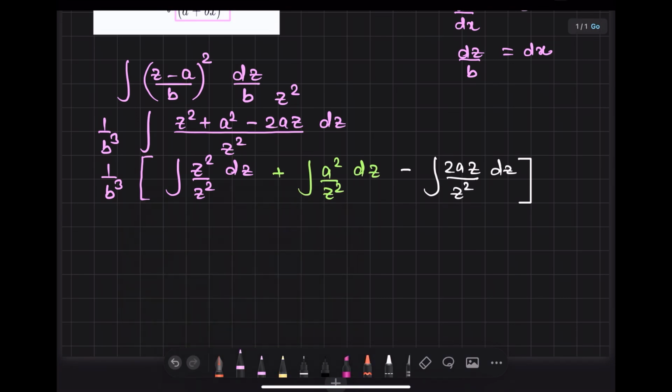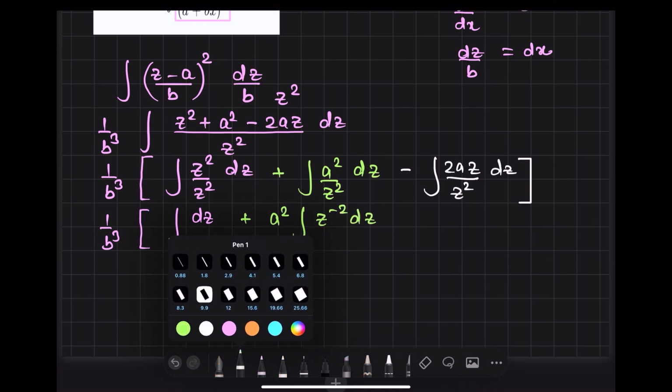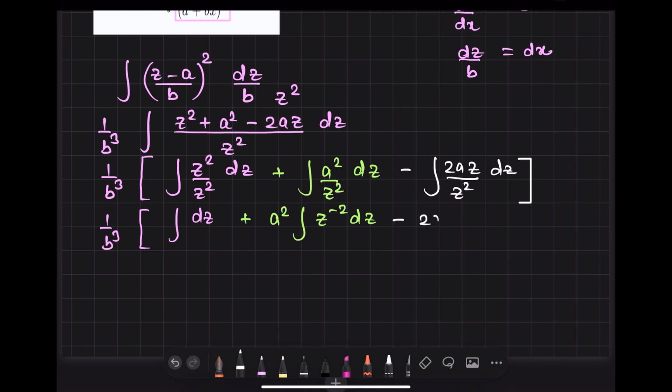Okay, so look at the point. So we have 1 by b cube. Now integration of dz, then plus a square is a constant, so outside z to the power minus 2 dz. Then we have minus 2a is a constant, z gone, so it is dz by z. Now we did proper simplification.